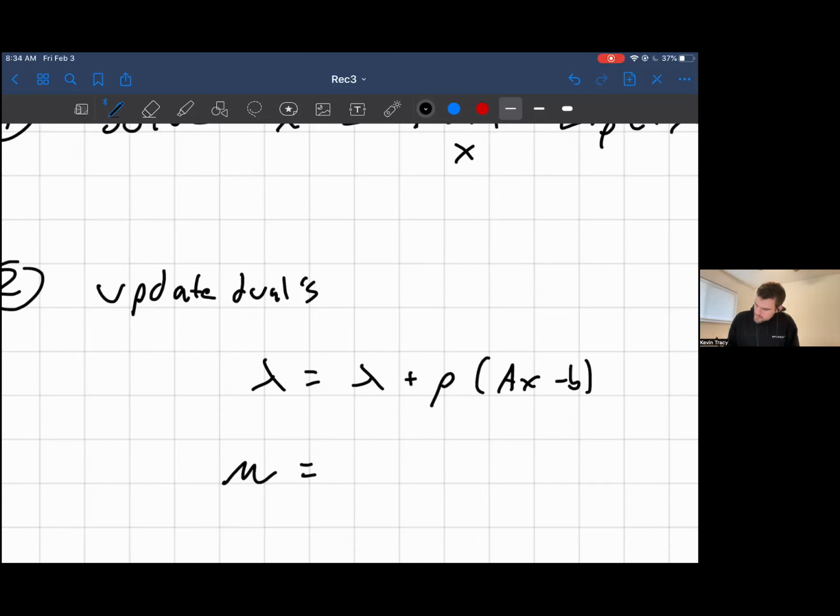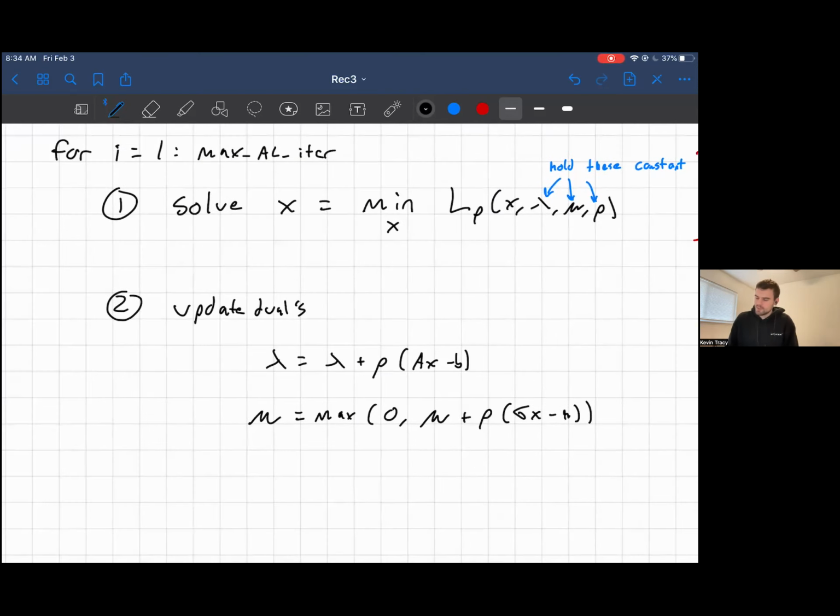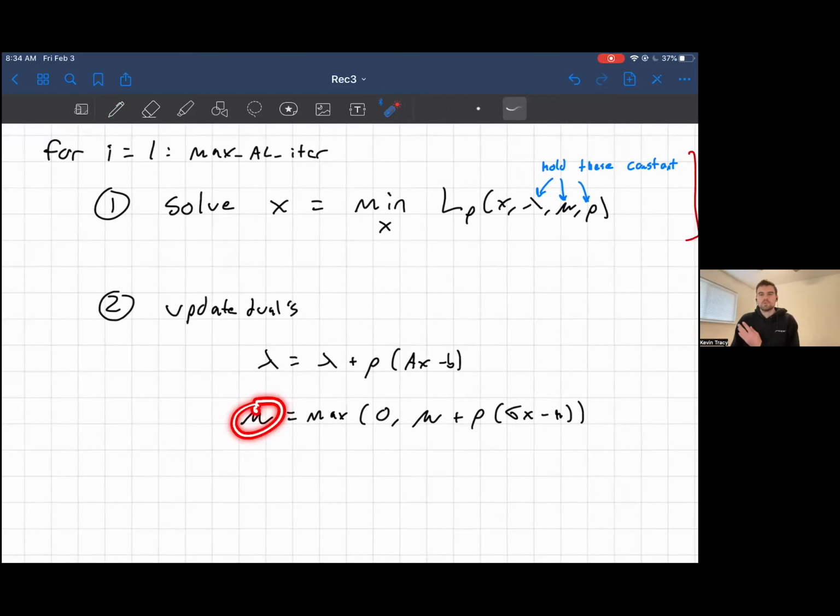And then mu equals max of 0 and mu plus rho times g(x) minus h. So if you remember, one of our KKT conditions is dual feasibility. And what dual feasibility says is that this mu, the dual variable associated with the inequality constraints, must always be positive. So when we do our dual update, we're just going to clamp it. Whatever it is, it must be positive.